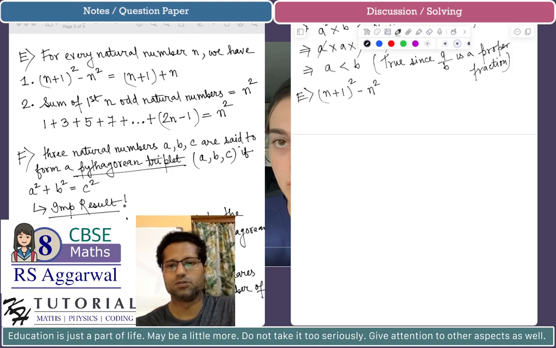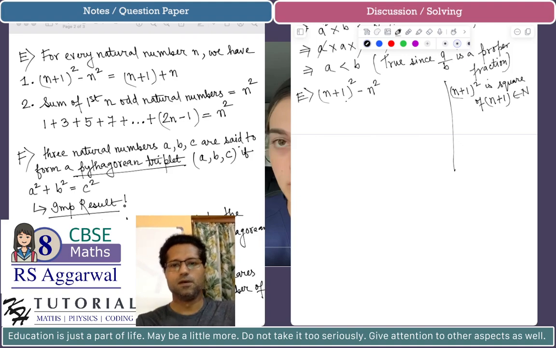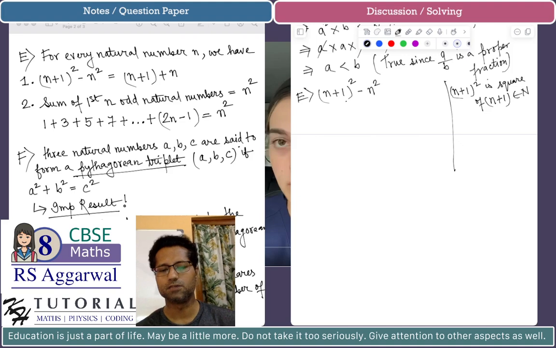What is n plus 1 whole square? n plus 1 is a natural number, because the property is based on the fact that small n is a natural number. If small n is a natural number, then definitely n plus 1 is also a natural number. n plus 1 is a consecutive natural number.